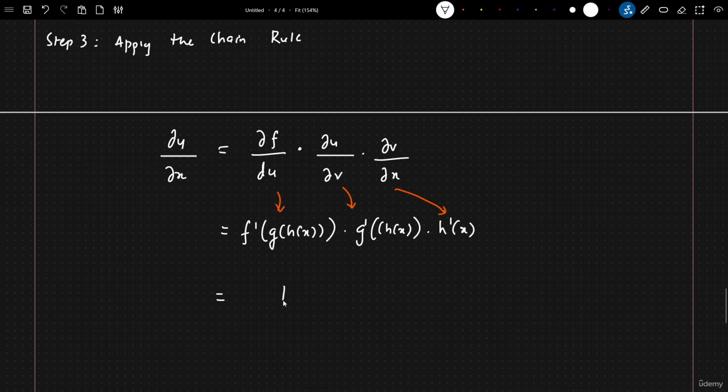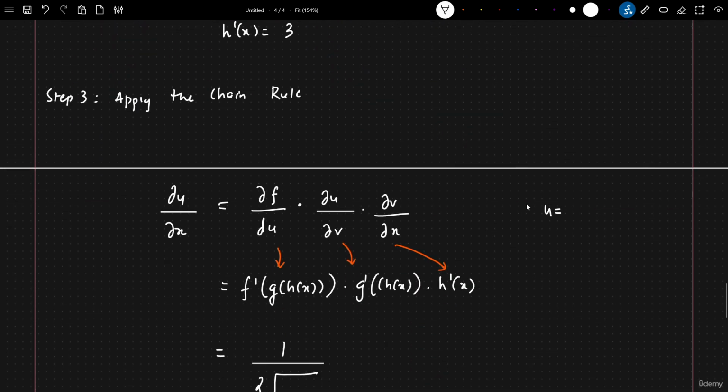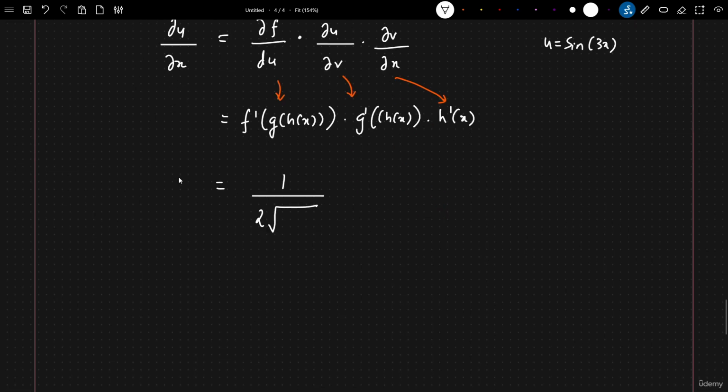What is u? u is nothing but sine 3x. So this will be nothing but 1 divided by 2 root sine 3x, okay?